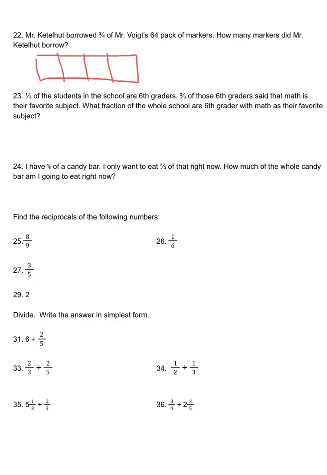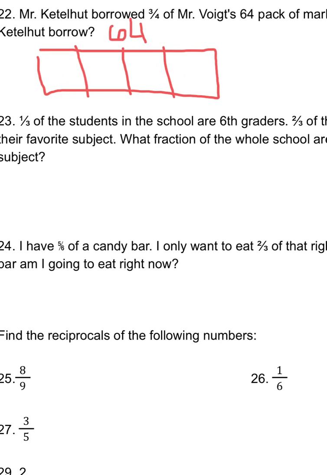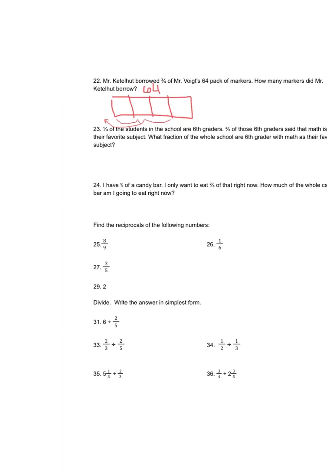And we know that this whole entire bar is going to be worth 64. And Mr. Kettlehut borrowed 3/4 of this bar. So he borrowed this right here. So we'll draw this over here.